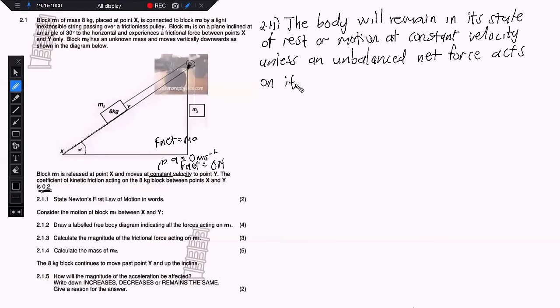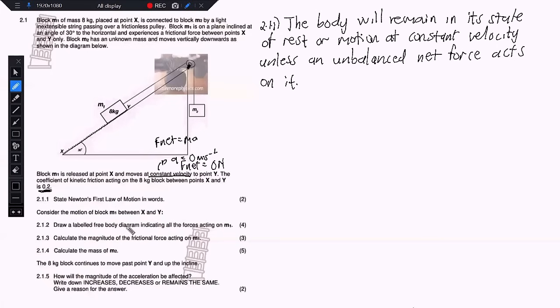So for 2 marks, that's how you should define Newton's first law. The body will remain in its state of rest or motion at constant velocity unless an unbalanced net force acts on it, right?